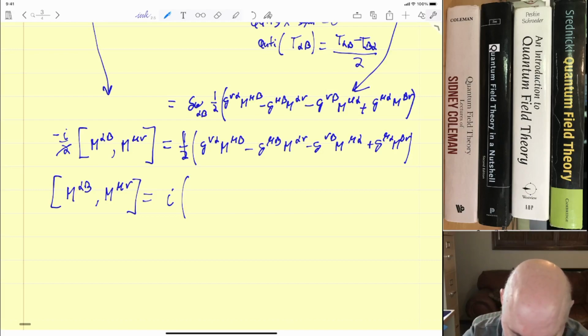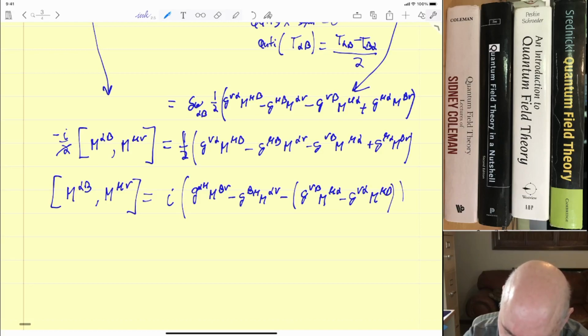So it's i times G alpha mu M beta nu minus G beta mu M alpha nu minus parentheses G nu beta M mu alpha minus G nu alpha M mu beta.